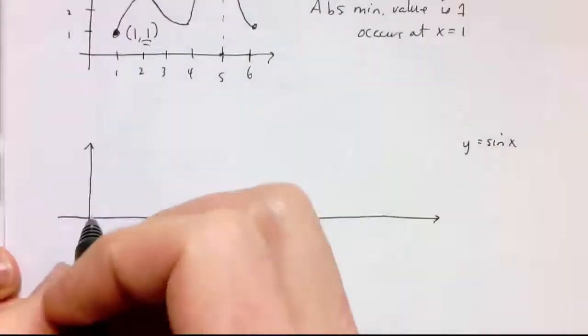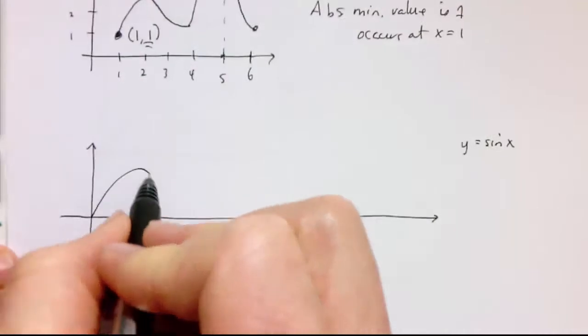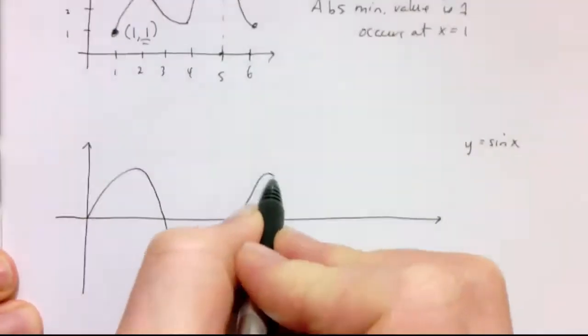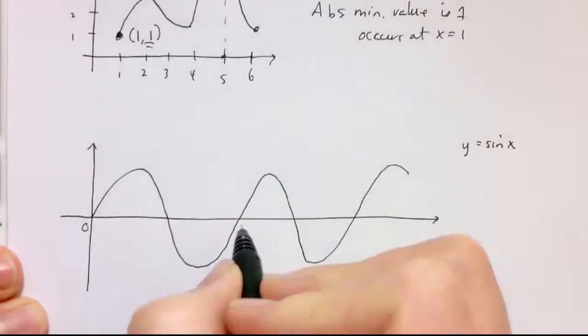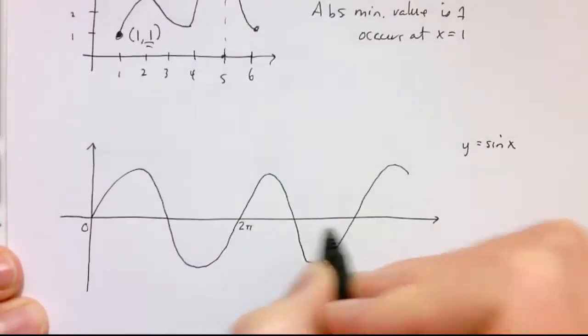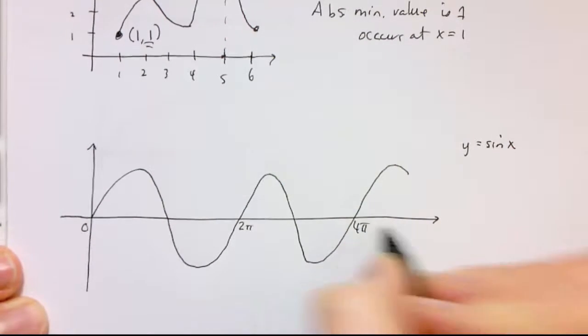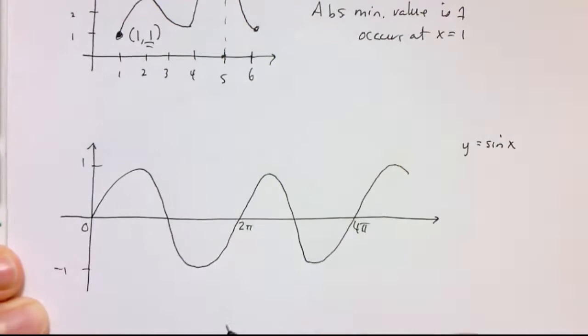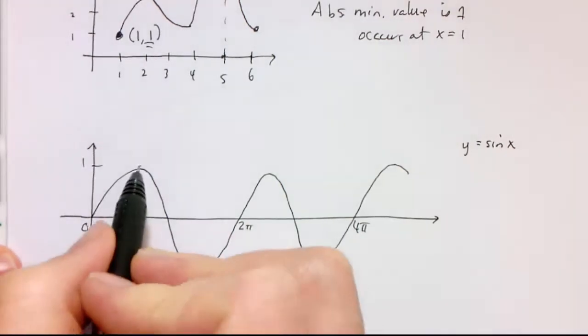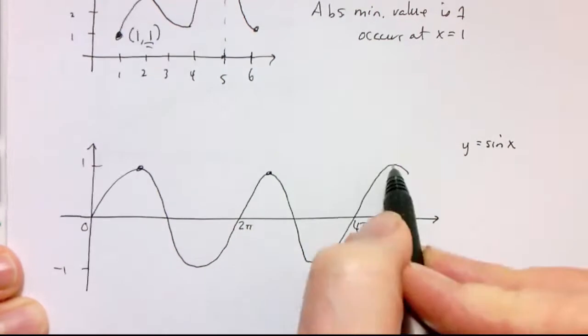For instance, if you look at sine, we know that sine looks like a periodic graph, etc. So here's 0, here's 2 pi, and it goes through another cycle, 4 pi, and so on. So the absolute maximum that sine ever hits is 1, and that occurs in multiple places.